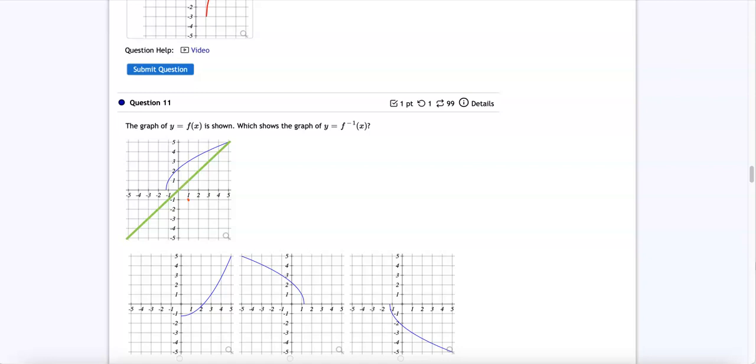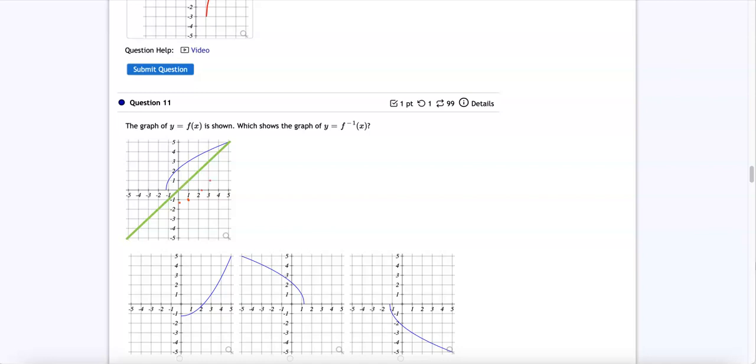The x-intercept over here that's just a little past negative 1 corresponds down here to a y-intercept down there. This y-intercept that is going through about 2.2 corresponds to about 2.2 over here on the x-axis. This 1, 3 corresponds to 3, 1.